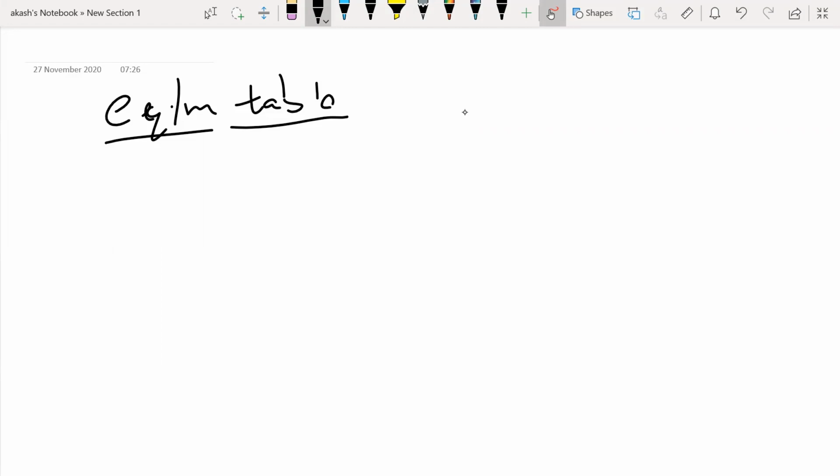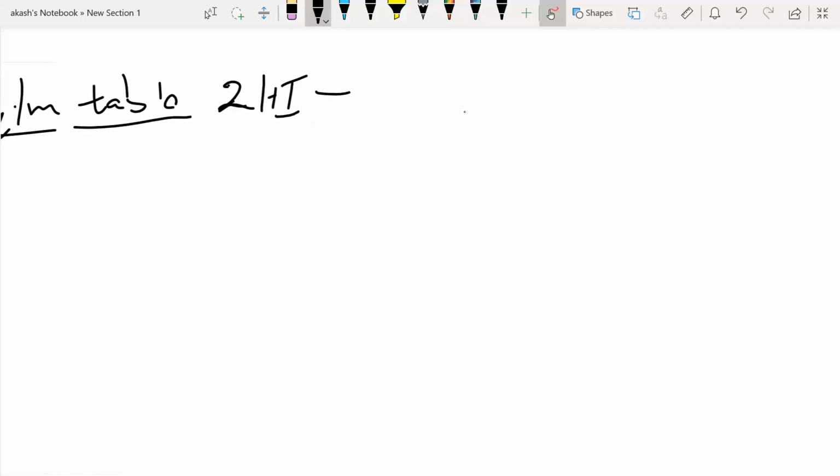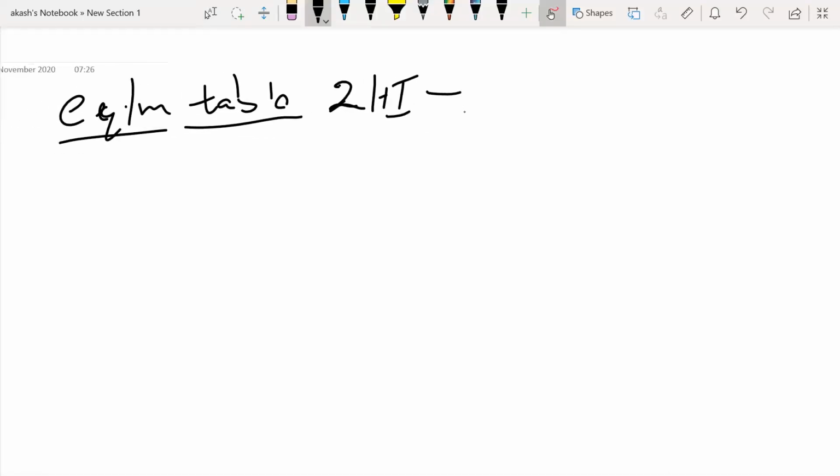Let me take a few examples, not only one. Let me take the HI example itself. Say I'll take the reverse reaction this time: 2HI gives H2 plus I2.